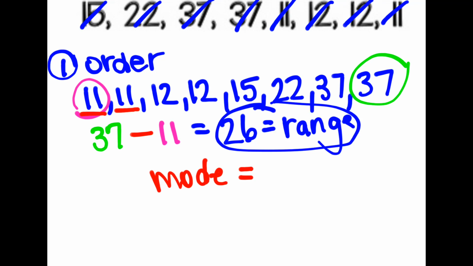We have 2 11s, 2 12s, and 2 37s. So we have 3 modes in this data set. 11, 12, and 37 are the modes for this data set.